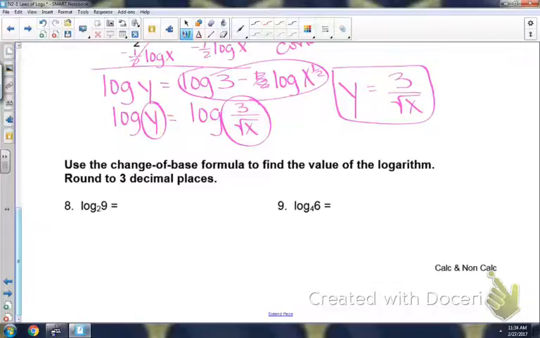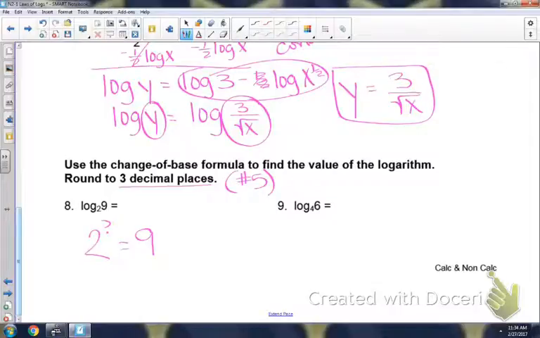Okay, the last two, we're going to use change of base formula to find the value of the logarithm. We're going to round to 3 decimal places. So the reason we're using the calculator or change of base formula is because the base is 2. We're wanting to figure out what the exponent would be in order to equal 9. So that would be a decimal there. Okay, so we're going to use change of base formula, which was law number 5 on the front.